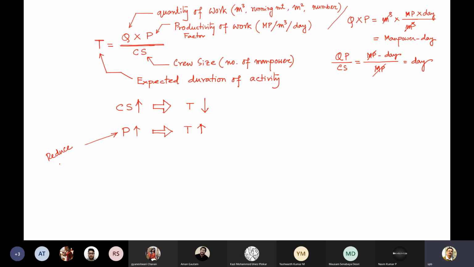So the reduction of the productivity factor can be done by, suppose you can go for some advanced material. Suppose you use some kind of a dryer, or some kind of admixtures which will reduce the time for your concrete to solidify, or the initial setting time also.